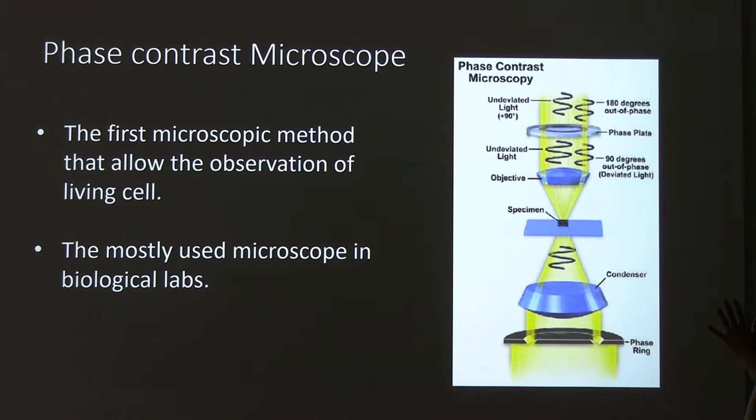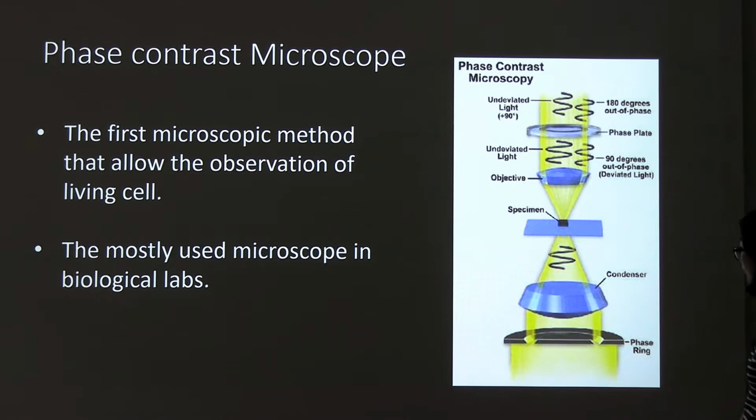I have to say that the phase contrast microscope is the first microscopic method that allows the observation of living cells, including bacterial swimming and bacterial cell division. And it is also the most used microscope in the biological labs, which you will also use in exercise 3. So let's go back to the light path.